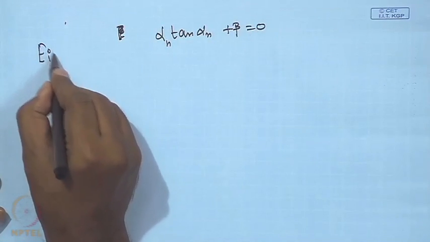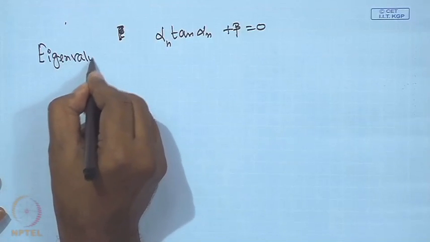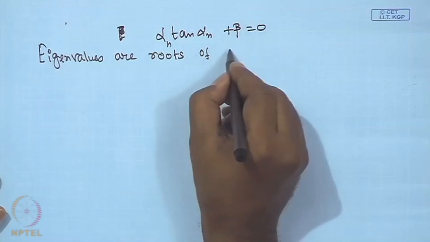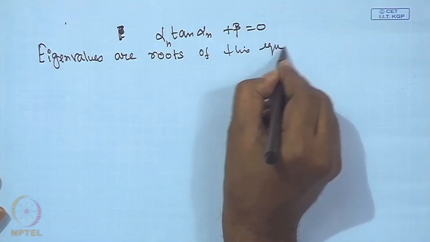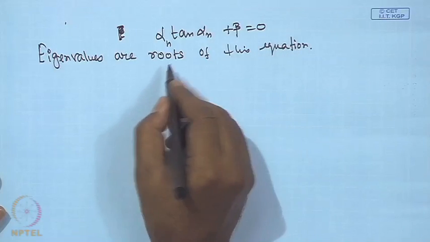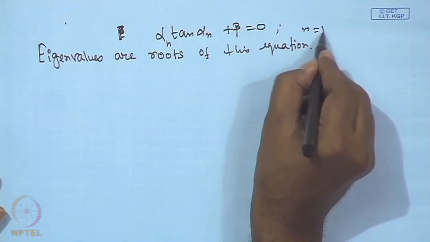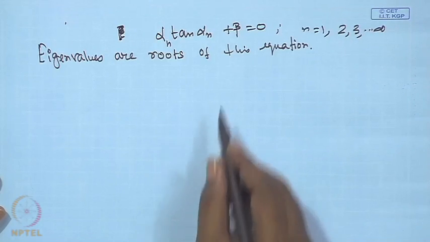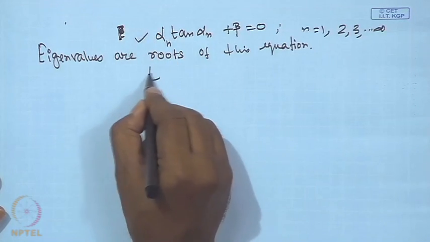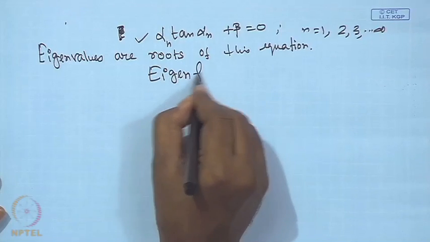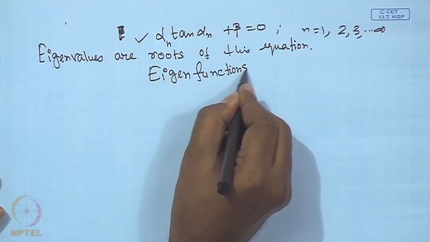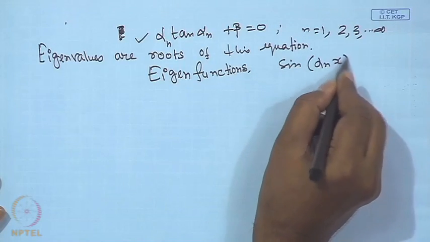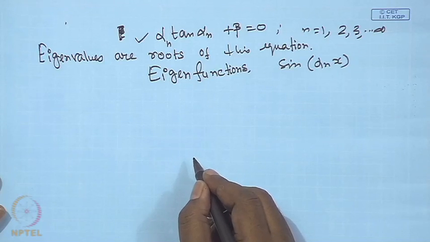So, eigenvalues are roots of this equation, where n goes from 1 to 3 up to infinity. So, eigenvalues are the roots of this equation and eigenfunctions are sine functions. They are sine alpha n x. Okay.